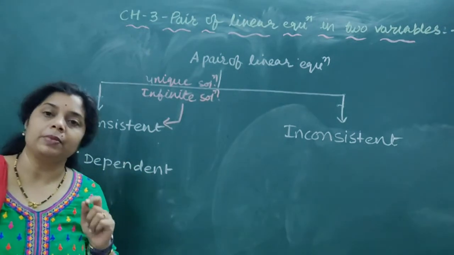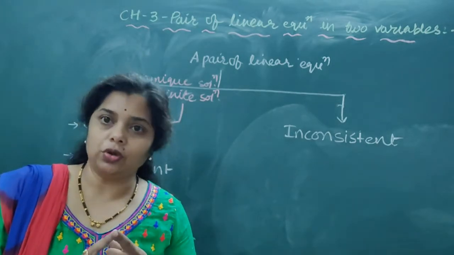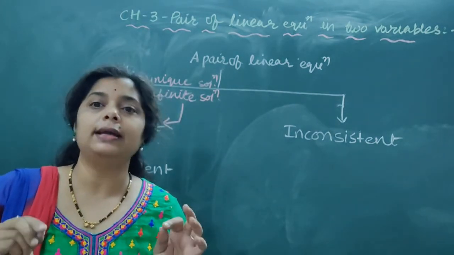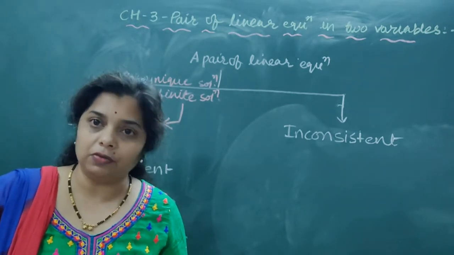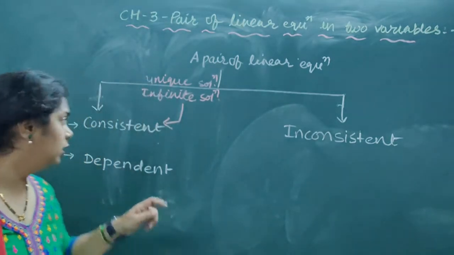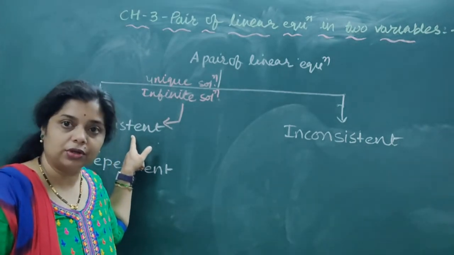I repeat again. If a pair of linear equations shows a unique solution or infinitely many solutions, that pair of linear equations is called a consistent pair of linear equations.